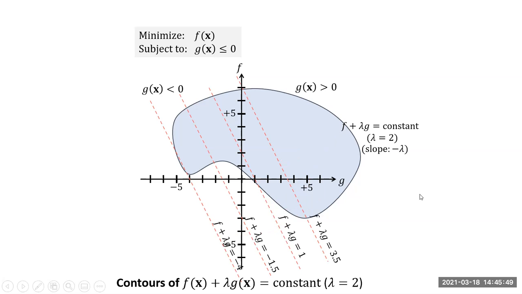In fact, for this straight line, what's this point here? f equals 0, g equals 3.5, correct? So this is f plus lambda g equals 3.5. Here, this y-intercept, which is the f-intercept rather, is 2.